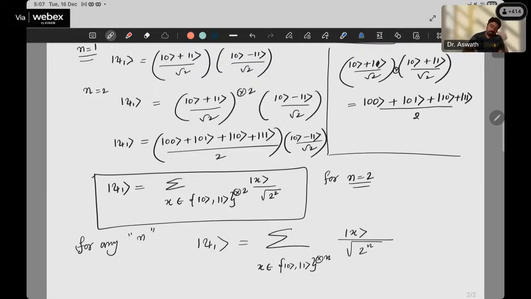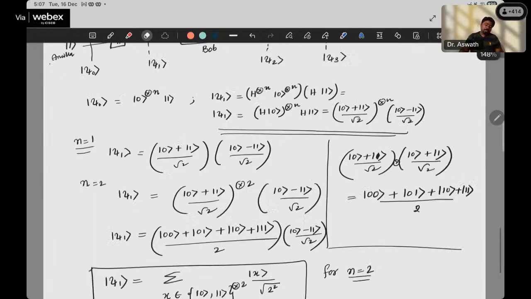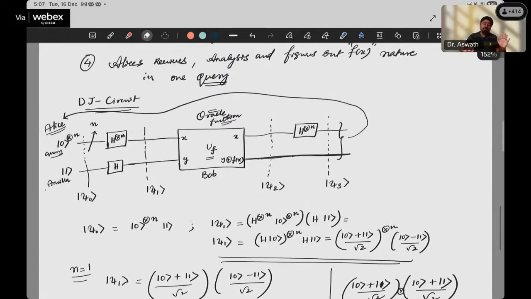That's all. So for any n value, this is what I have. As per my circuit, now I know what psi 1 would look like for any n value.